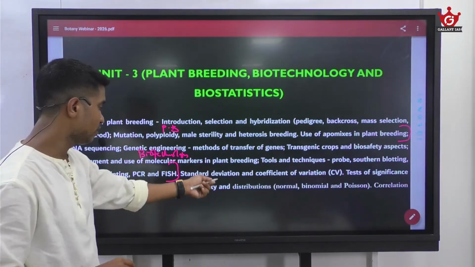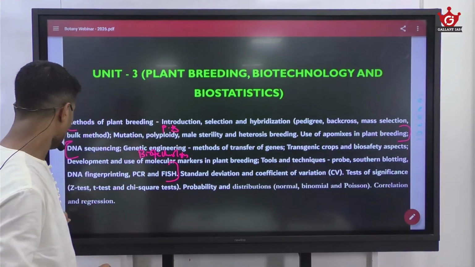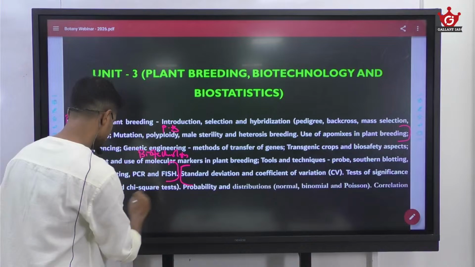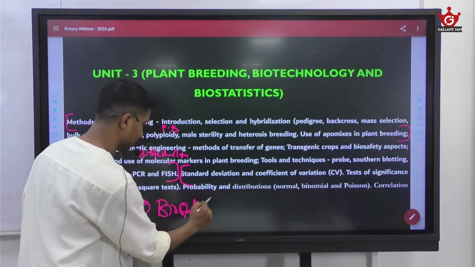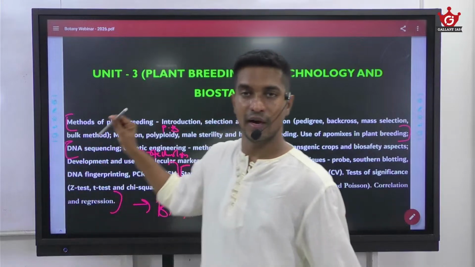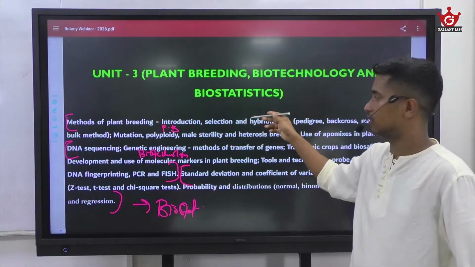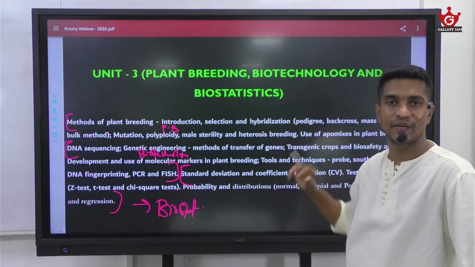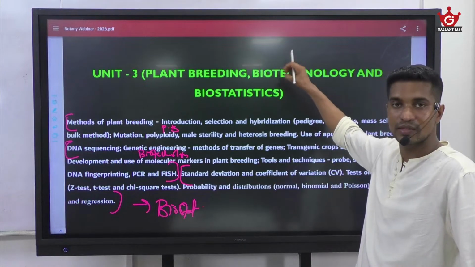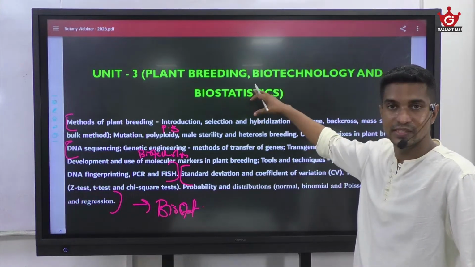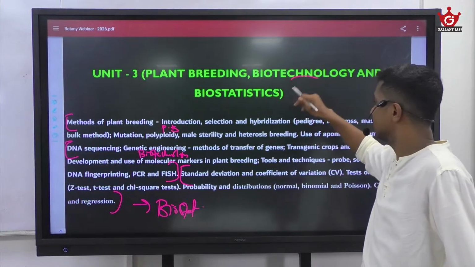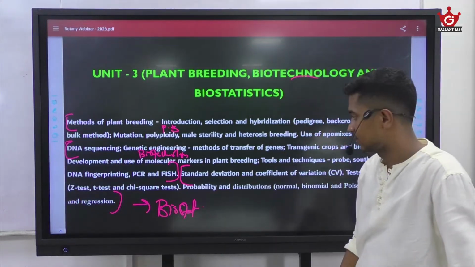And from standard deviation to correlation and regression, these areas come under biostat. Okay, so here all the parts are important, and while looking at the previous questions, you will get an idea about the questions which have been asked from plant breeding, biotech and biostat.